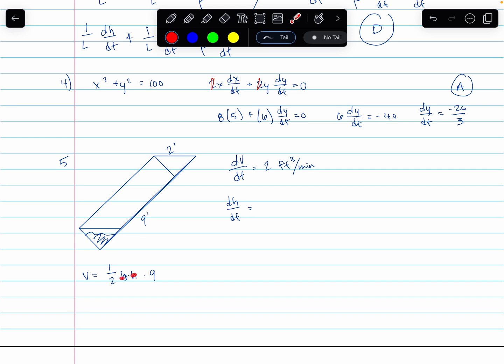Base times height times 9. So I know that volume is equal to 9/2 times the base times the height. I want the rate of change of this, but I don't have the rate of change of the base, so it's not going to be very helpful to take the derivative yet.